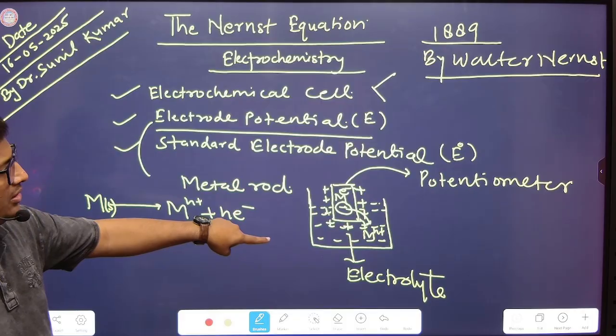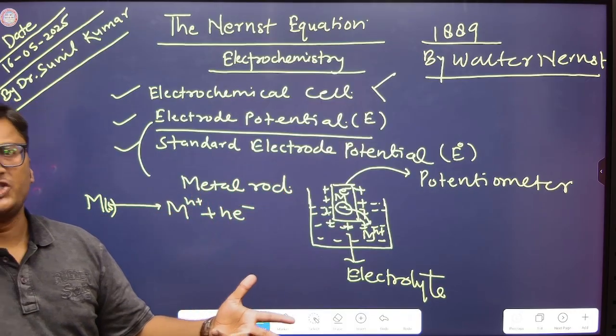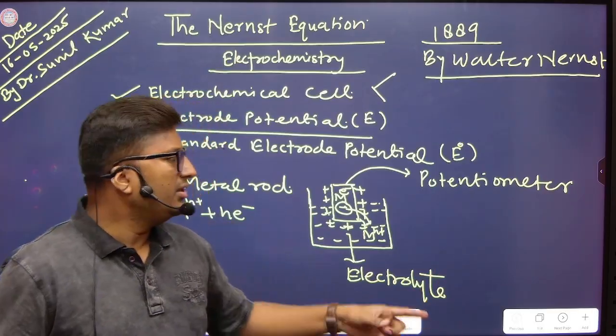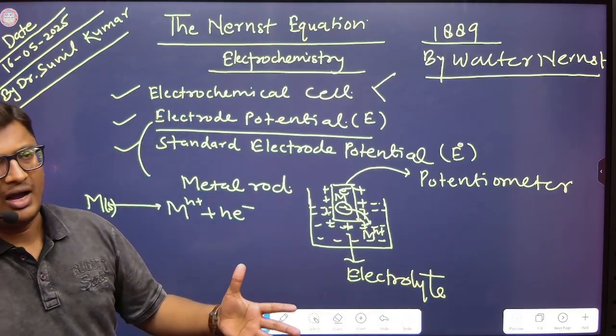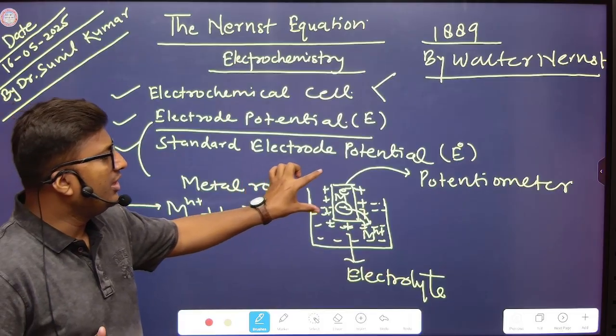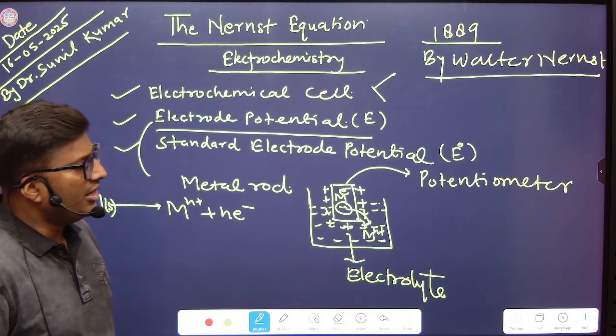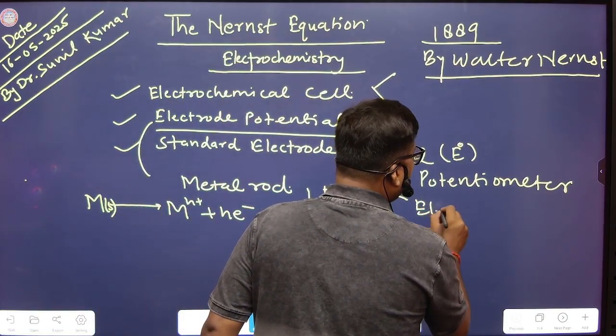So there is a negative charge and positive charge in this medium, and there is a generation of potential. The potential generated on the surface of this electrode is called electrode potential, right.